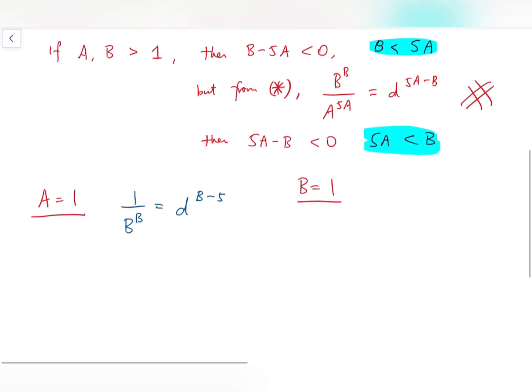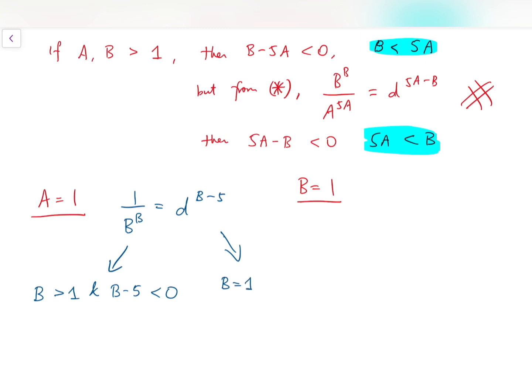First is that if B is indeed larger than 1, then B minus 5 is negative. Or we just have B equals 1, and then we know that d equals 1.